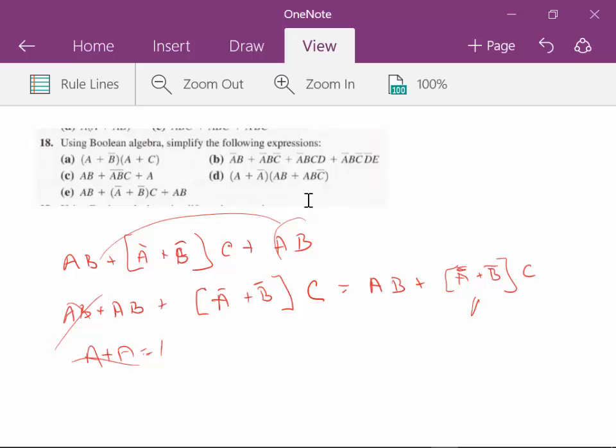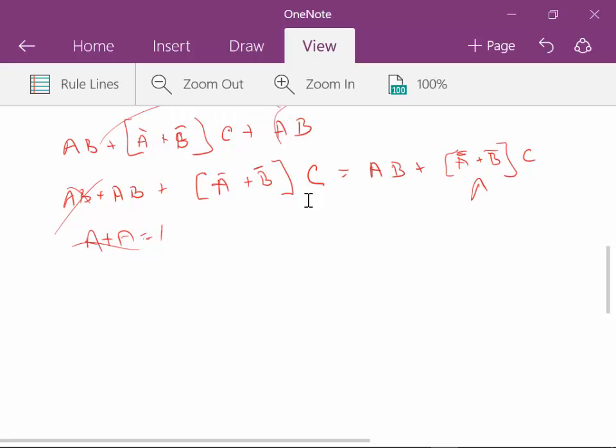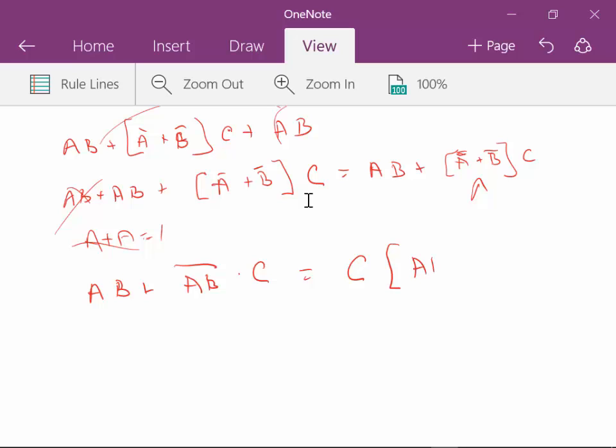Now I'm going to rewrite this using De Morgan's rule, and that's going to be AB plus (AB) naught, applying De Morgan's rule, times C. Now I'm going to factor this, and that's equal to C times (AB plus (AB) naught). Again, I'm treating this as a single term, and that's going to be equal to 1. So this whole thing reduces down to C.